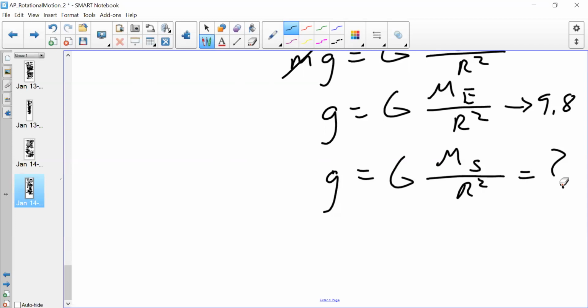There's a table on page 370. There's a table of masses of all the planets, the radii. So go there and solve these two problems, just to verify that you can get 9.8 from here and whatever the gravity on Saturn is.